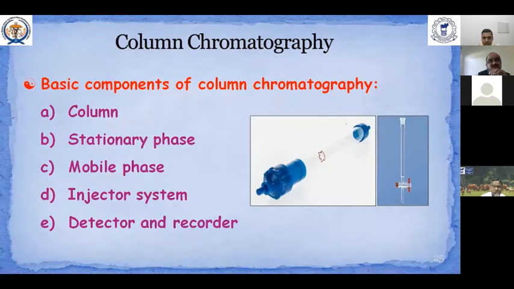The stationary phase is either coated onto discrete small particles, which is called the matrix, or it may be packed into a column or applied as a thin film.